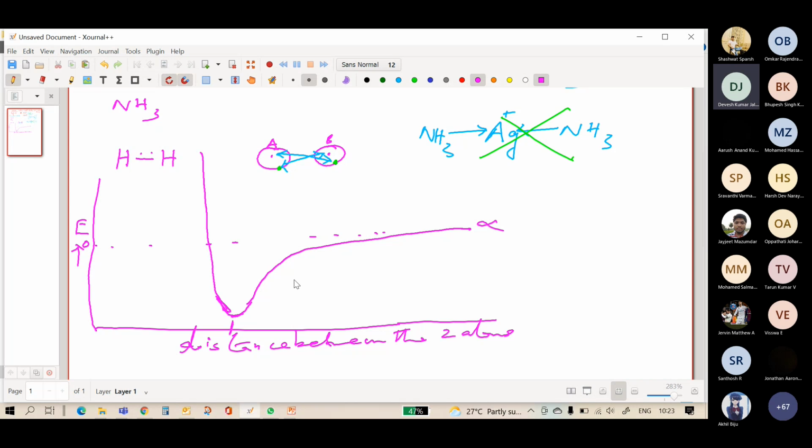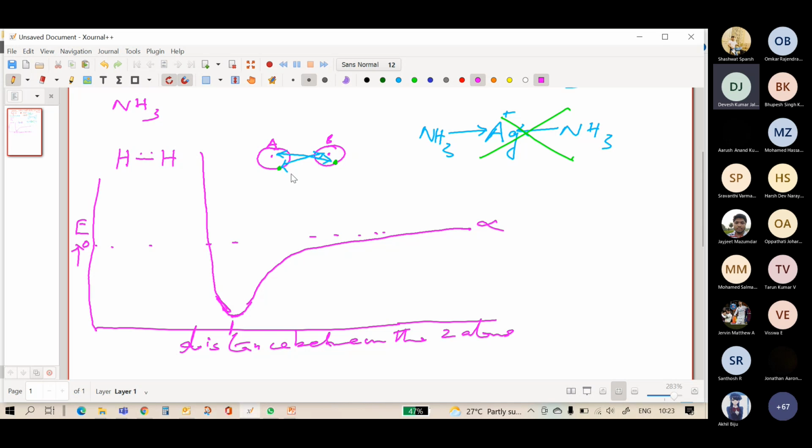The reason for such a steep rise is that after the optimal distance, if you bring A and B any closer, more than the attractive forces between the electrons and the protons, the repulsive forces will overtake. The repulsion is between the nucleus of A and the nucleus of B. That is the more prominent repulsion, and it starts rising really fast.